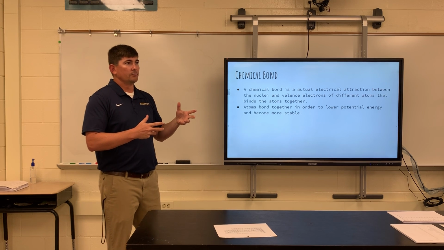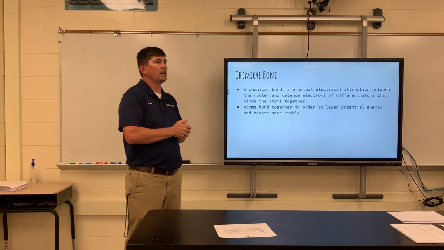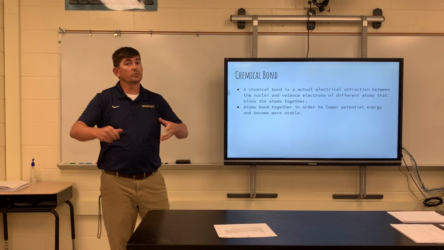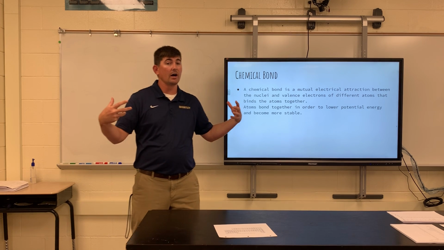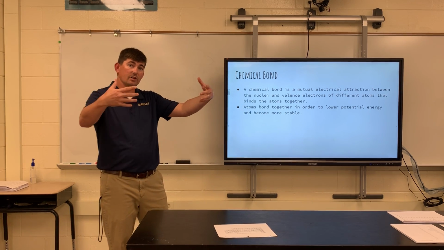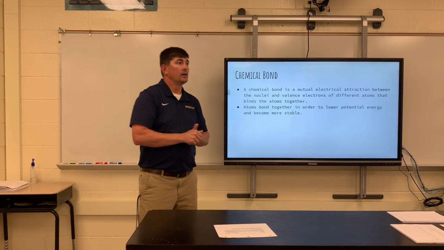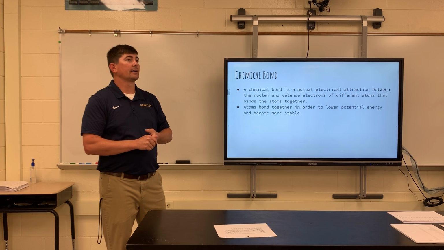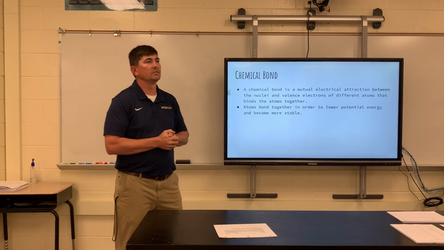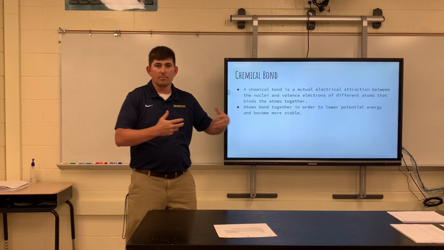So some things, we'll take potassium. Potassium bonds with a lot of stuff, and it likes to bond because it has one valence electron. It really likes to lose that valence electron, so it is very active in the bonding. If you take something like, let's say, zinc, zinc's not going to be quite as active in the bonding process.